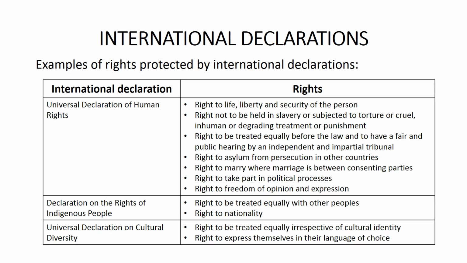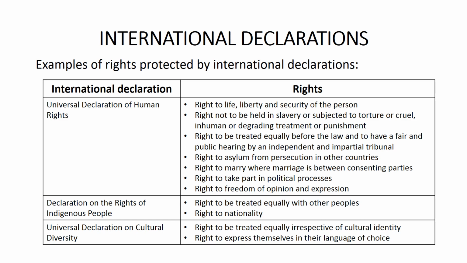There's the right to life, liberty, and security of the person, the right not to be held in slavery or subjected to torture or cruel, inhuman or degrading treatment or punishment, the right to be treated equally before the law and to have a fair and public hearing by an independent and impartial tribunal.